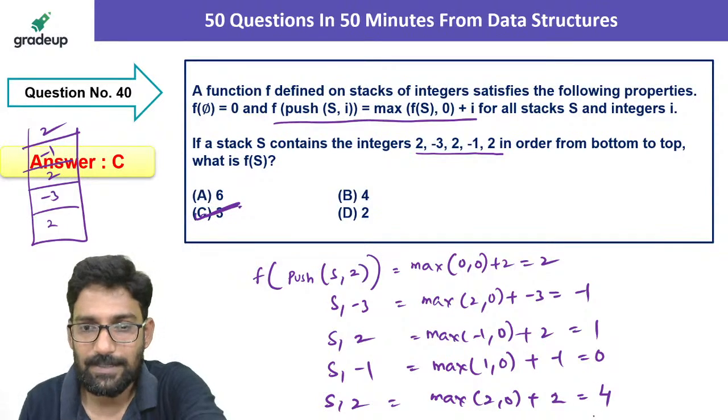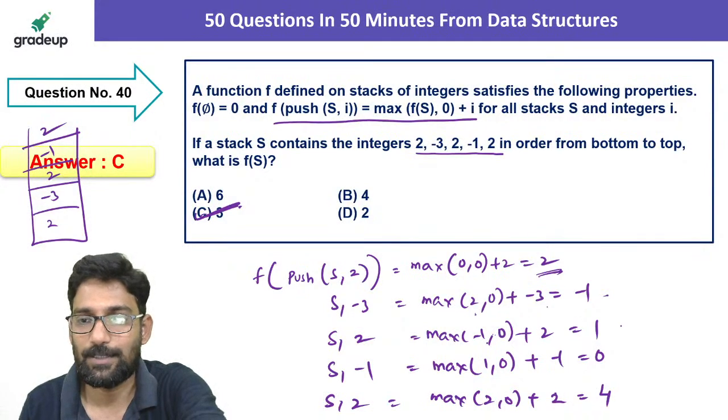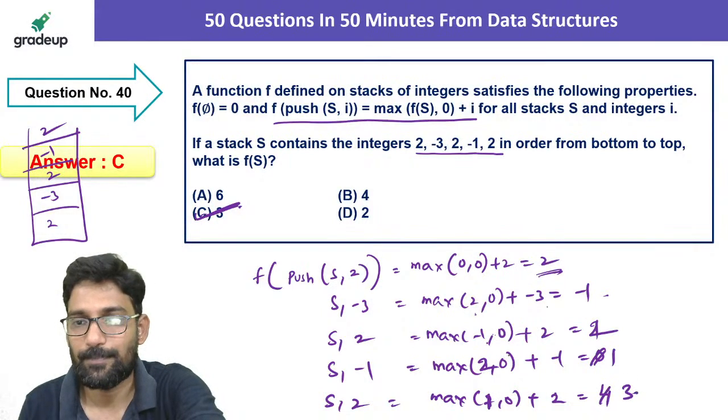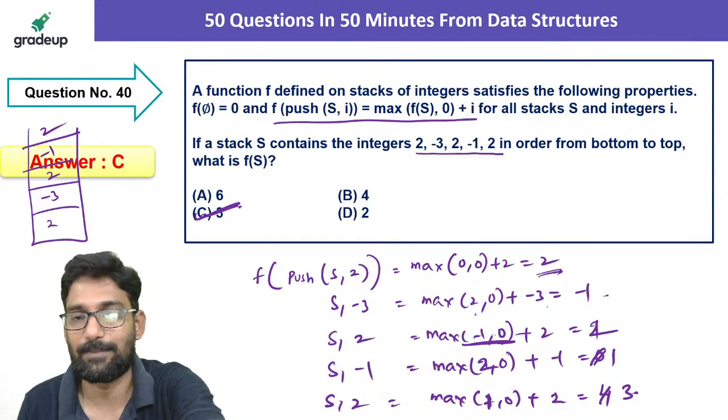Somewhere we missed it, guys. Check it once. Zero plus 2 is 2. 2 minus 3 is -1. Then this is 0 plus 2, then 1, 0. This is 3. Because max of -1, 0 is not -1, it is 0. There we made the mistake.